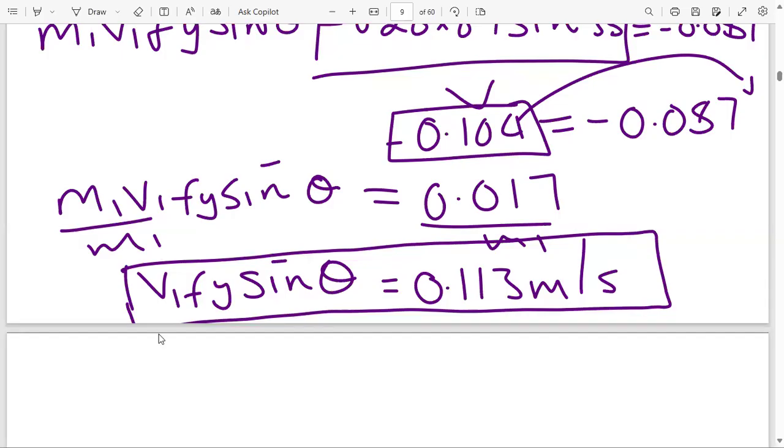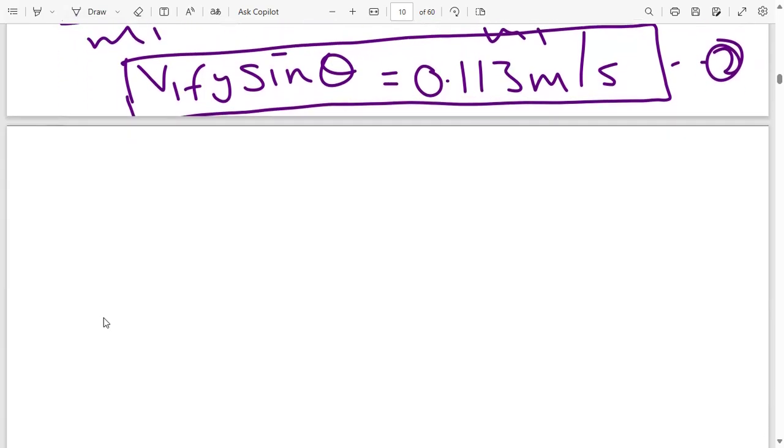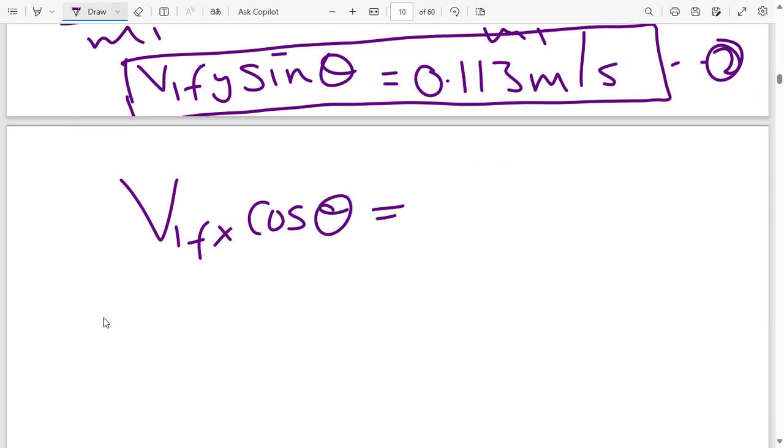That means we are going to divide equation 2, which is this one here, by equation 1, which is on top for the x-axis. Equation 1 is v1 final in the x cos theta being equal to 0.63.